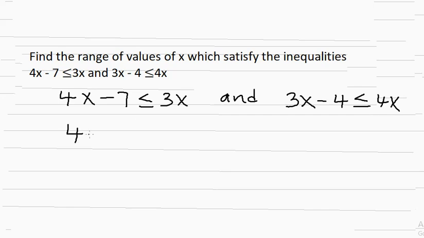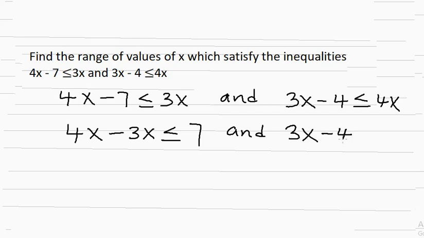So this is going to be 4x minus 3x is less or equal to 7. And this one would do the same: 3x minus 4x is less or equal to 4. Minus 4 becomes 4. From here, I have that x is less or equal to 7.